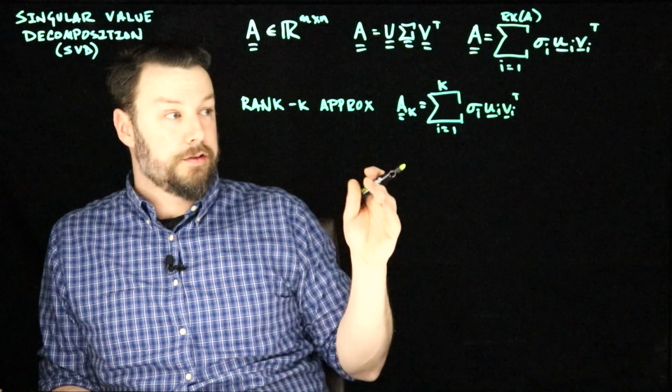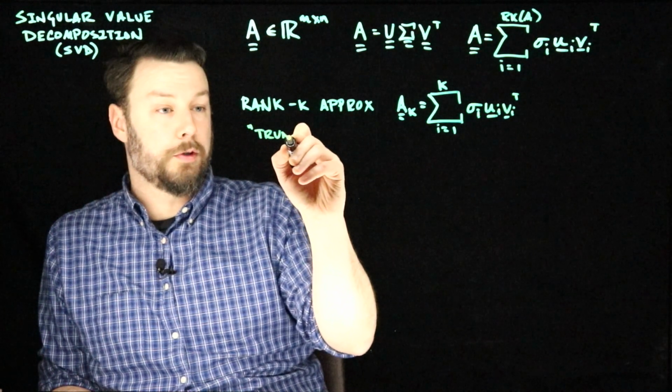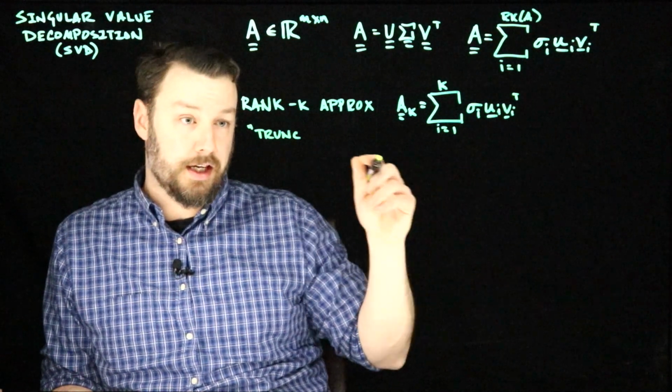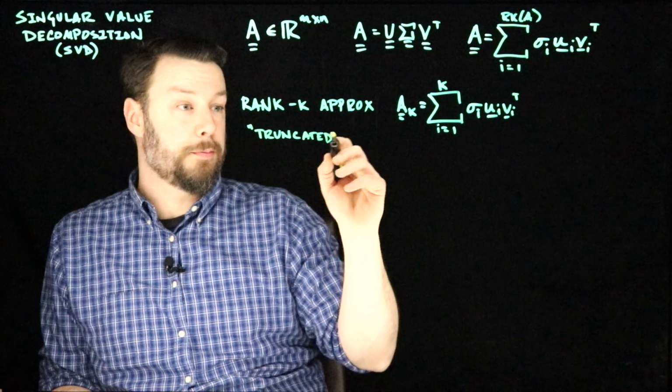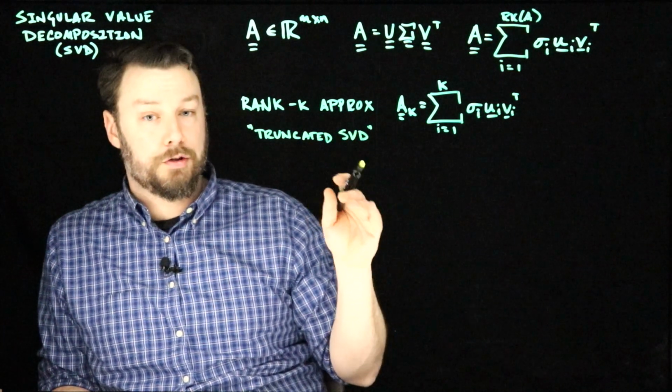And it turns out that this truncated SVD, truncated because you're throwing away or zeroing out the singular values beyond K, gives you the best approximation among rank K matrices to A.